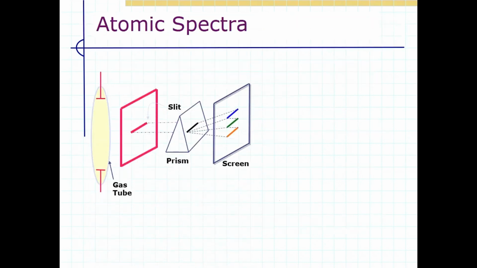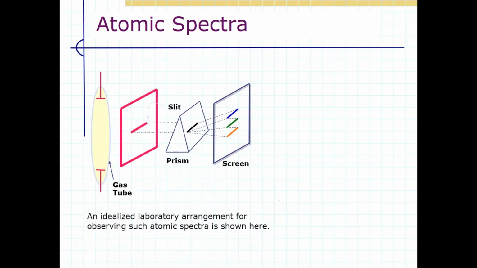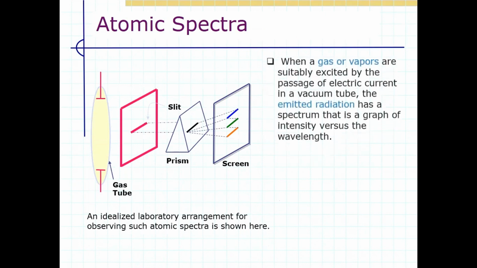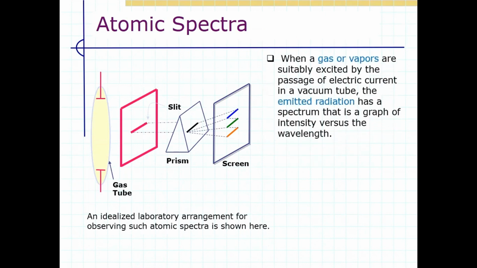Let us briefly discuss the atomic spectra. This is the idealized laboratory arrangement for observation of such atomic spectra. Here we have a gas tube, and it is heated with the help of electric current. In this vacuum tube, the radiations are emitted everywhere.